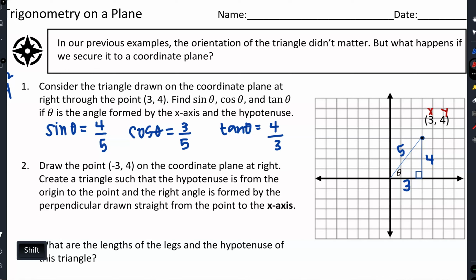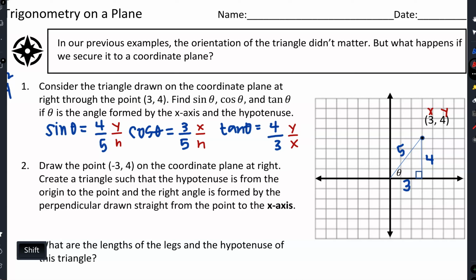Sine is your opposite over your hypotenuse, so that's y over h. Your cosine is your adjacent side, so it's x over h. And your tangent is opposite over adjacent, so that's y over x.